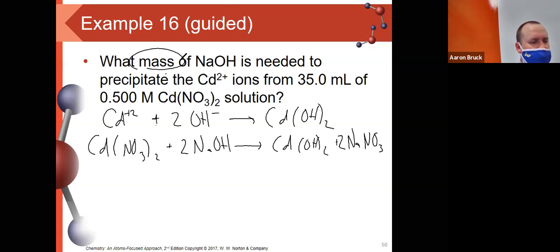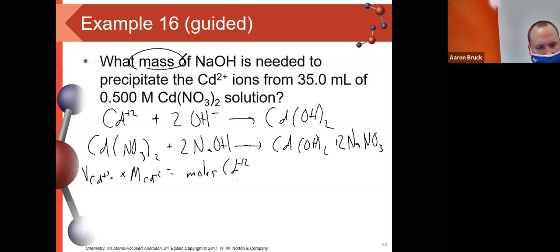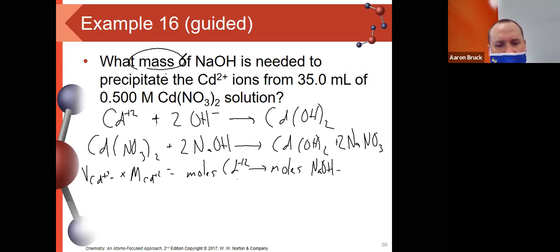The long route is I've got a volume of cadmium and a molarity of cadmium. And if I put those together, I would get moles of cadmium, which I could then turn into moles of sodium hydroxide and grams of sodium hydroxide.